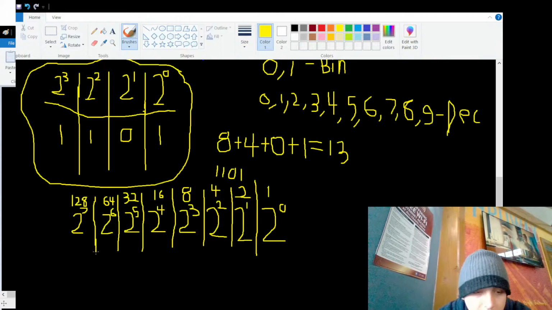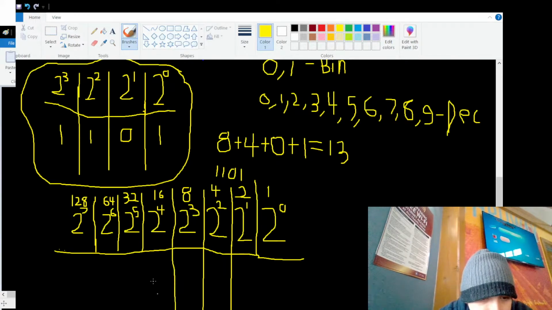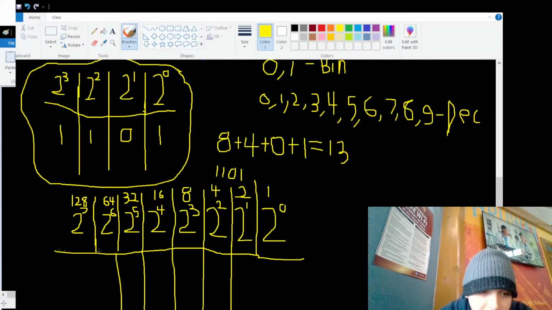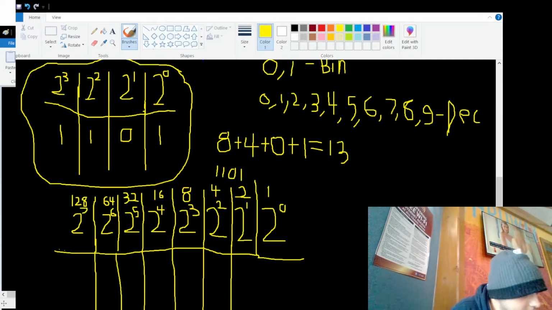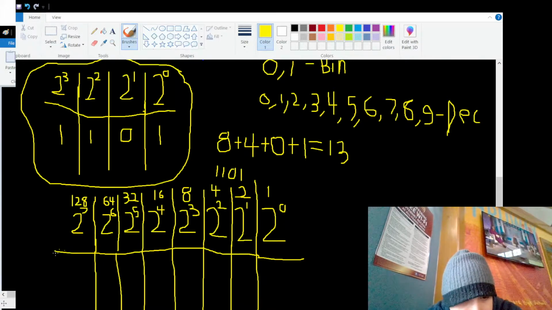So we're going to have another representation of numbers. What I'm about to write down are binary numbers that we're going to convert into decimal.